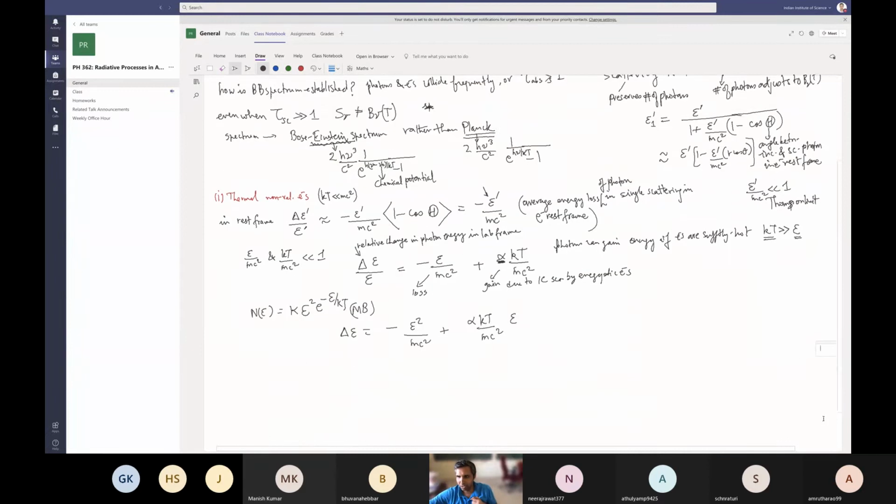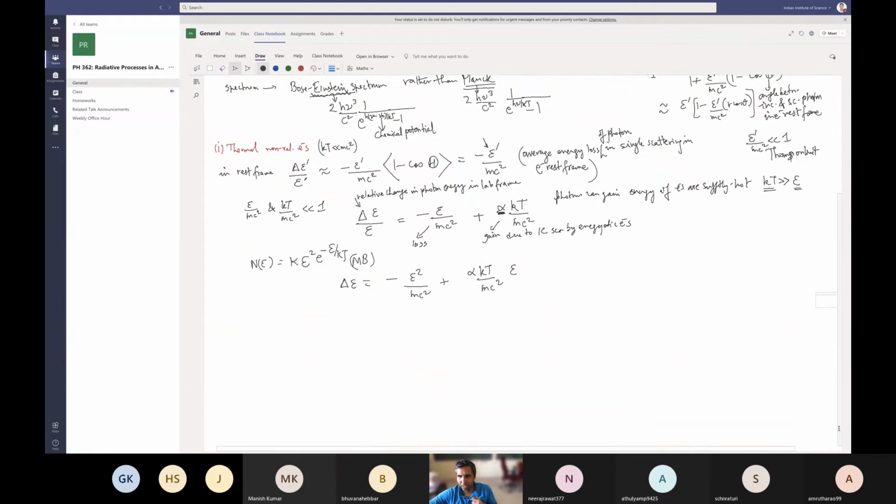Now let's talk about equilibrium. So we want to actually determine this alpha, right? But what I'm saying is, I am going to determine alpha by assuming thermal equilibrium between electrons and photons.